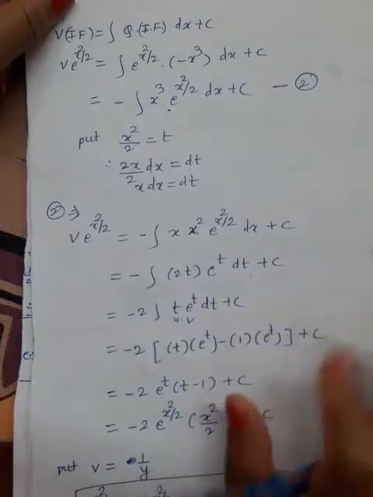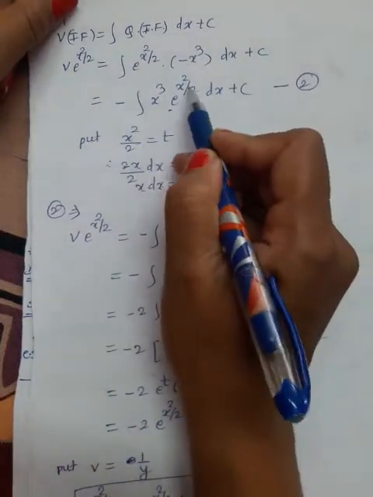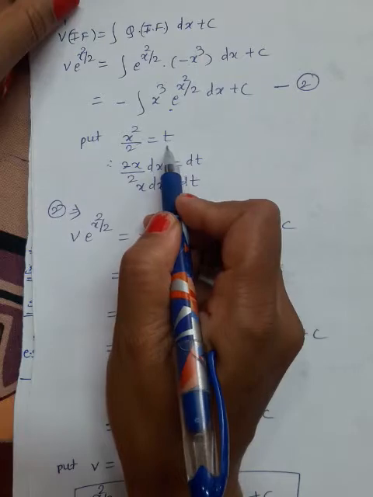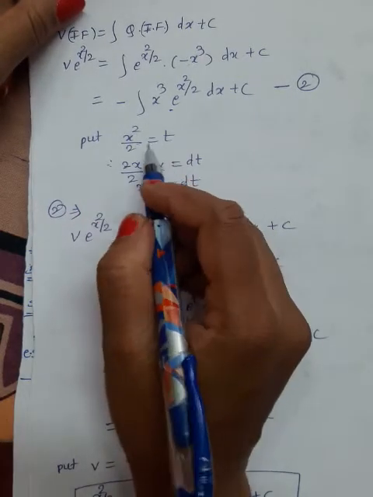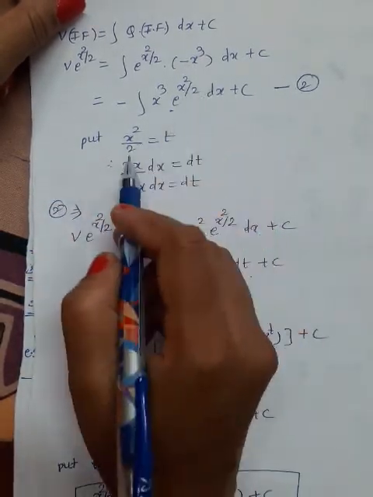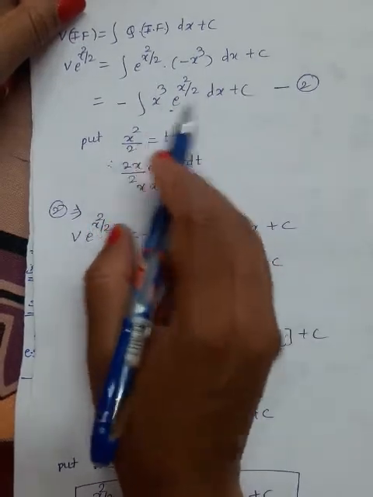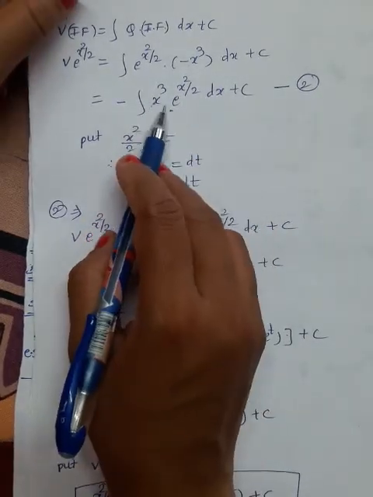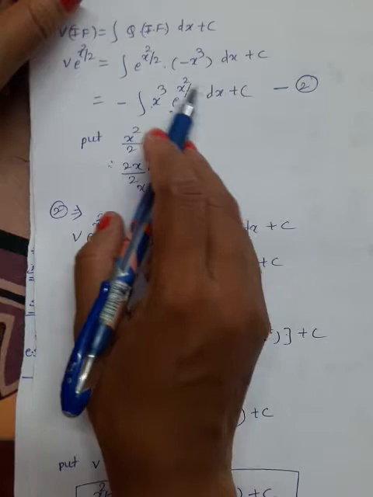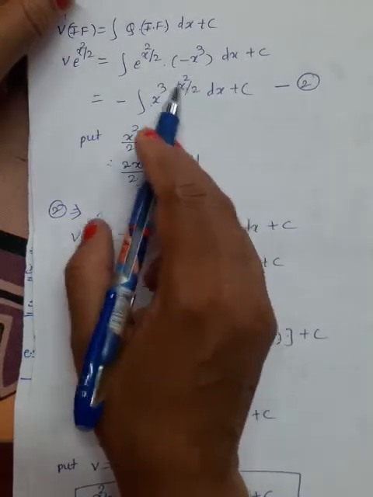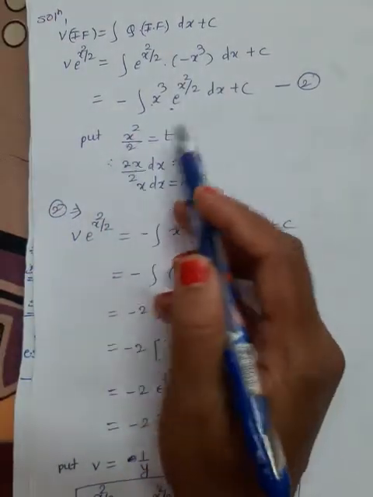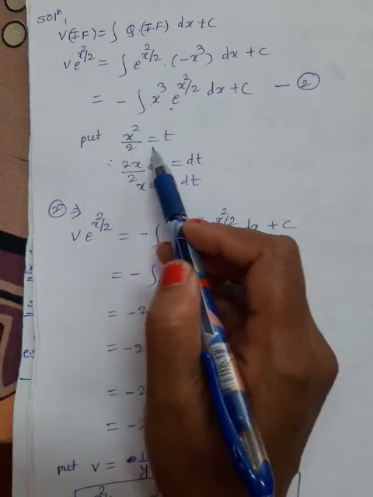That's why it is very easy to use substitution method here. Now whatever the index of the exponential, we have to put that as t. In such a type of example where there is arithmetic in the exponential, we have to put that function as t. In most of the examples, x square by 2 is equal to t.